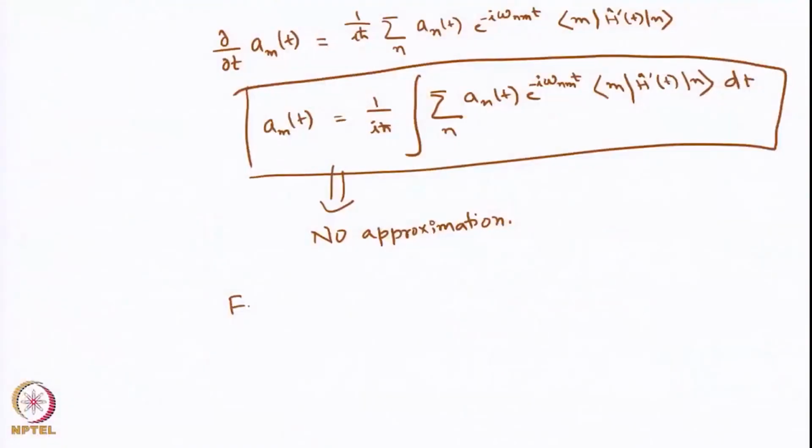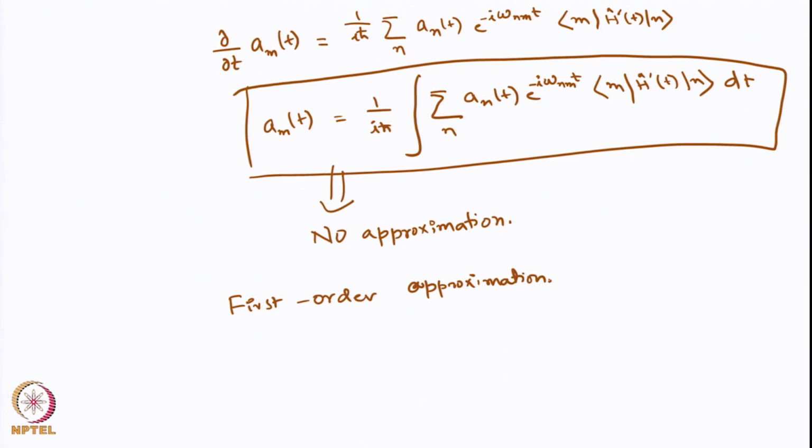So, then at this point of time let us make a small approximation, and that approximation I will call the first order approximation. What do I do in the first order approximation?